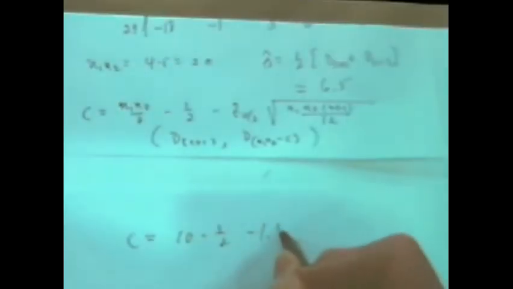So again, with this small data set, that's not bad. So C is what? 10 minus half, and we'll do 95%.